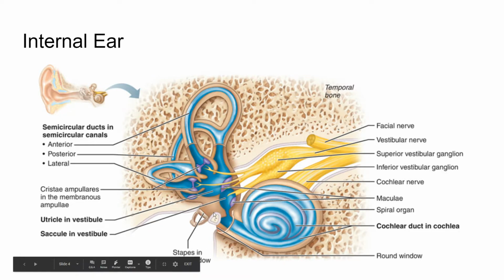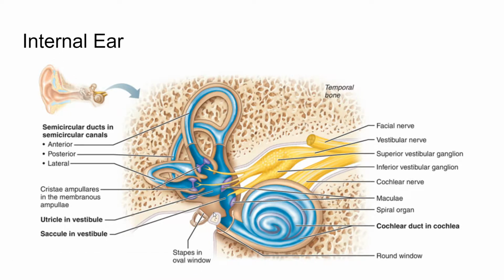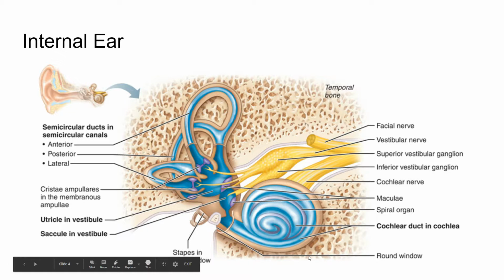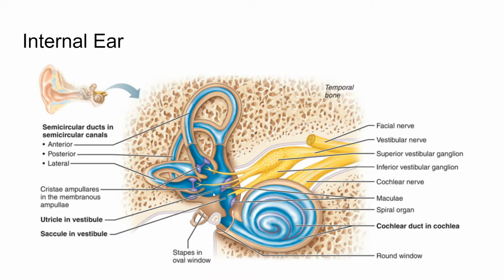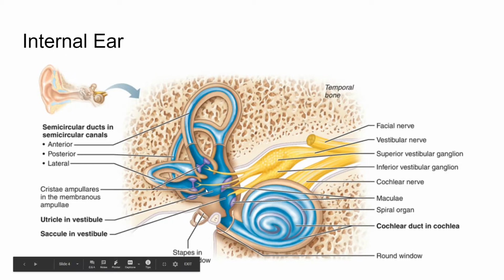And now we're going to get into the two major divisions of the internal ear, which is sometimes known as the labyrinth. There is the bony labyrinth, and the bony labyrinth is these three structures here. You have the vestibule, which is kind of like a waiting area in a building, so this is like the front area.